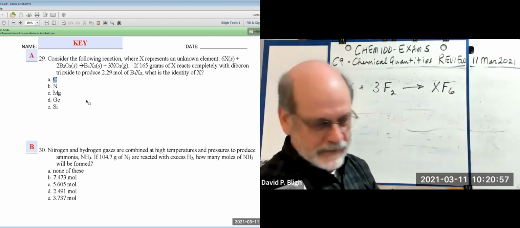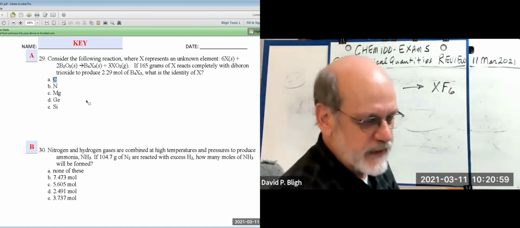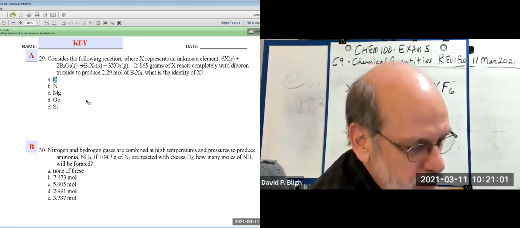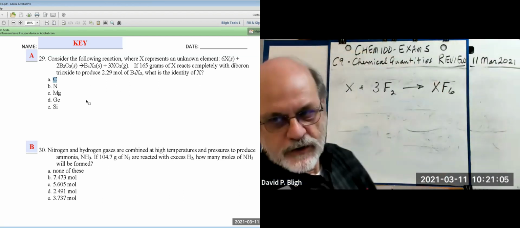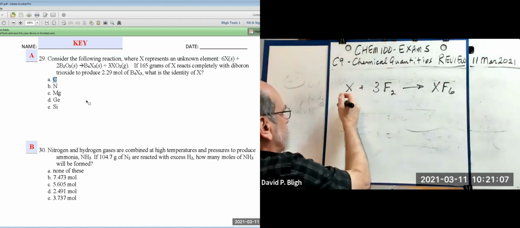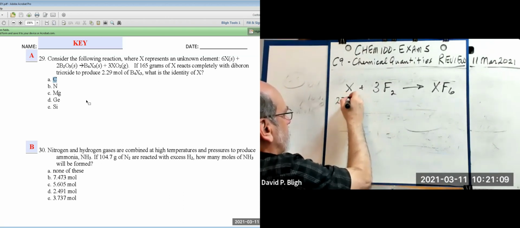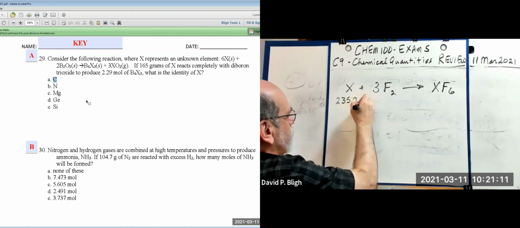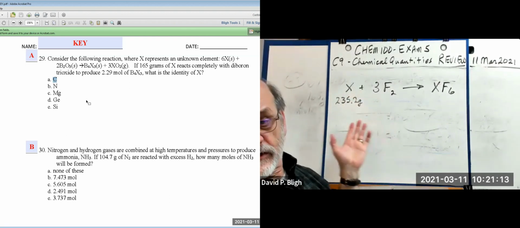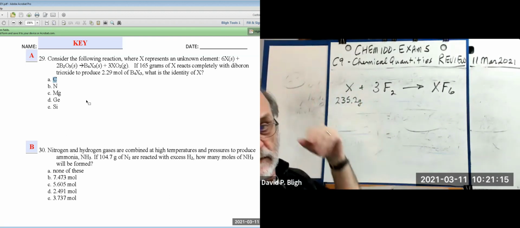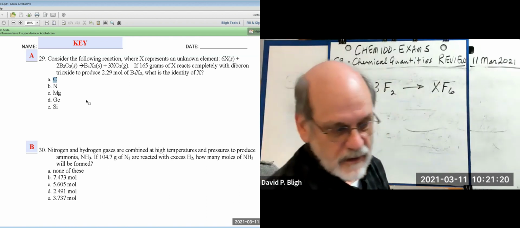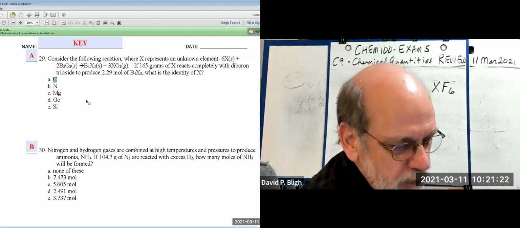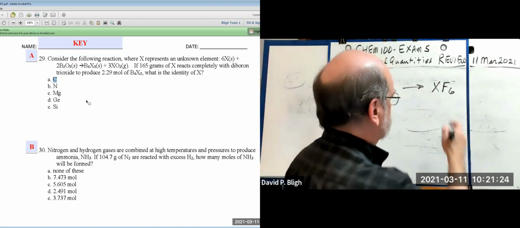Okay, it's balanced. What else are we given? Well, I'm going to give you 235.2 grams of X. That's easy to determine. You just weigh it. And then also after the reaction, you can weigh the product. And the product is 347.9 grams.